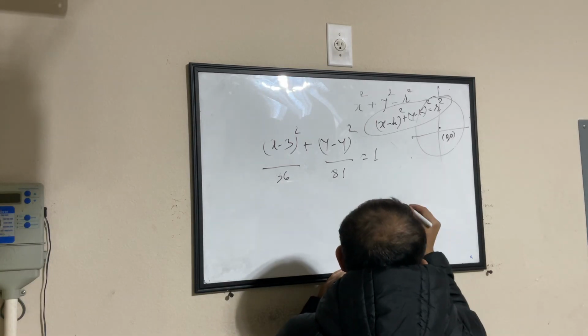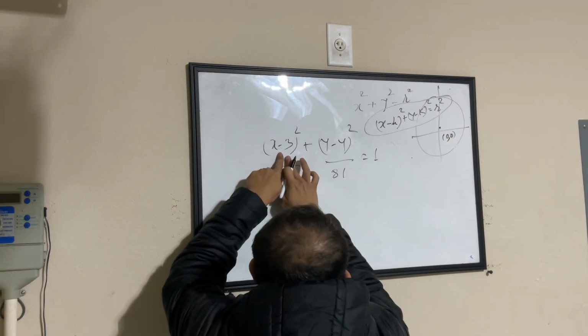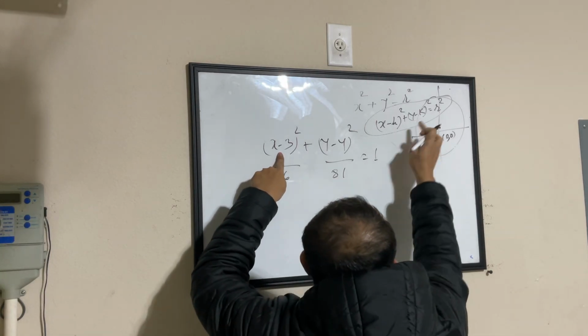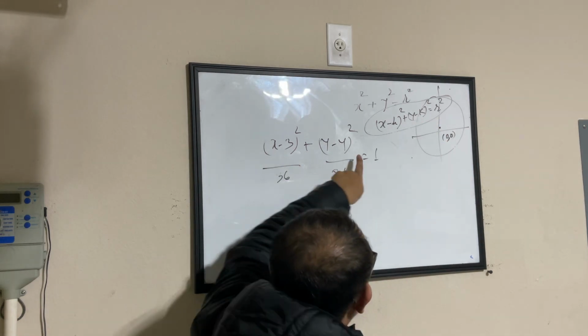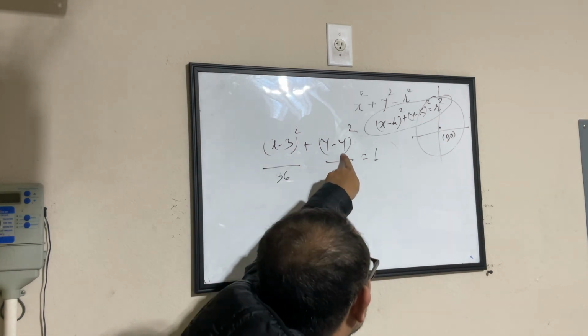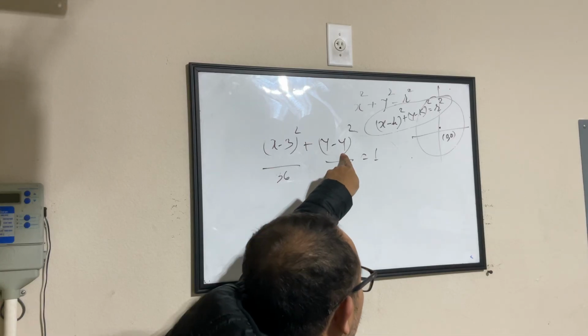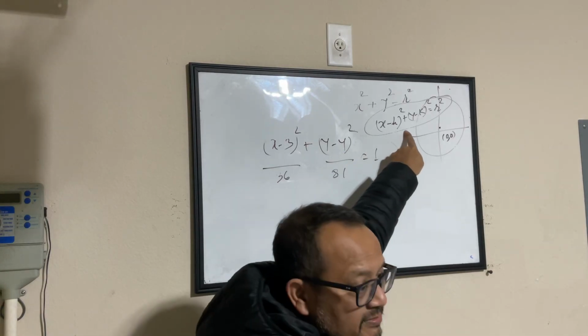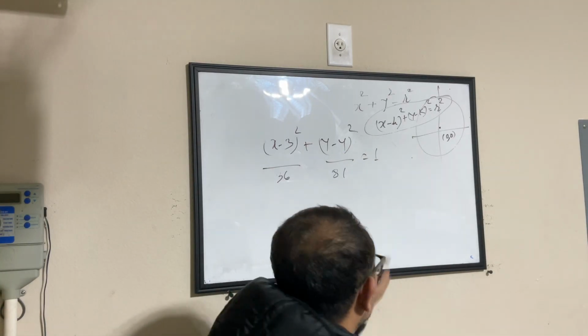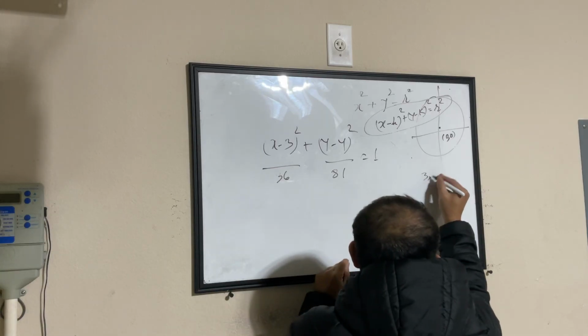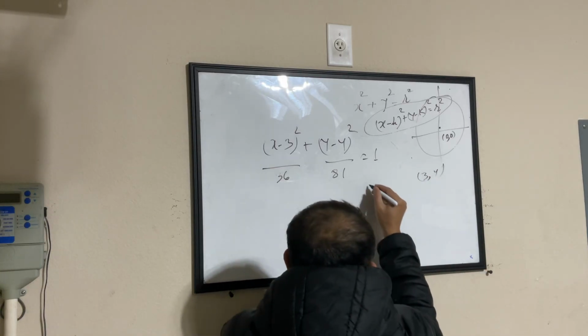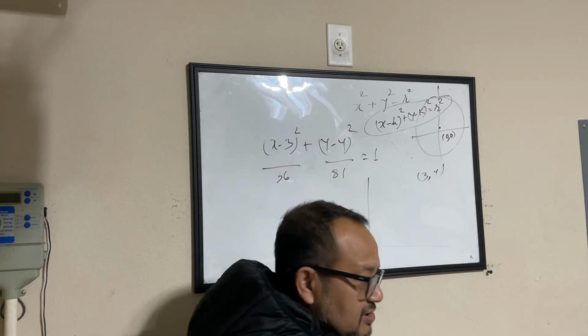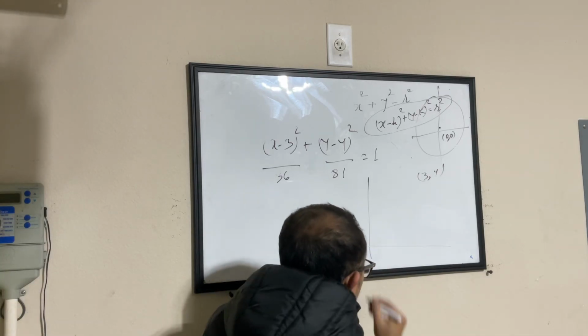Yes. See, (x minus h) plus (y minus k), where h and k are the coordinates for the center. It again relates to the same standard form of the circle, right? So as you rightly said, it's (3, 4). So you got the center. Now, if I have to draw this, I know this is the origin of the coordinate plane.